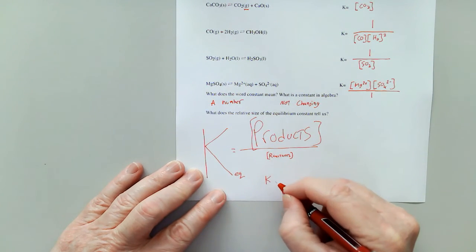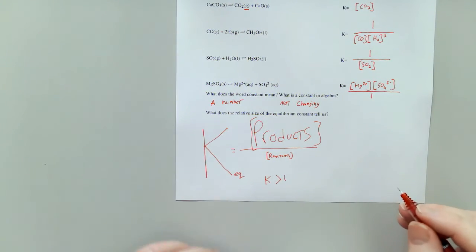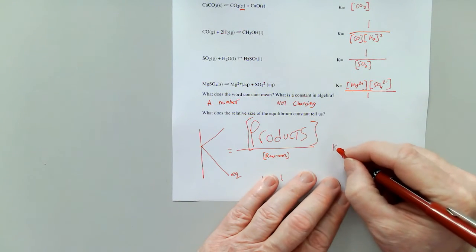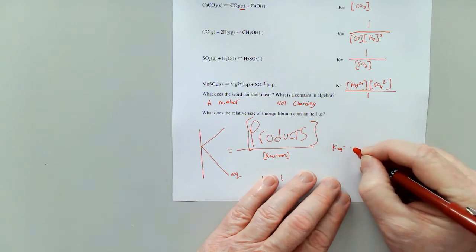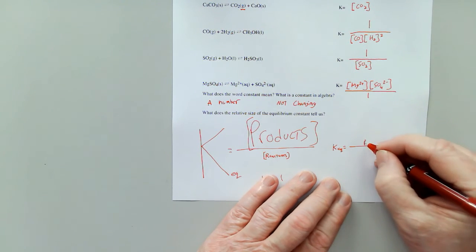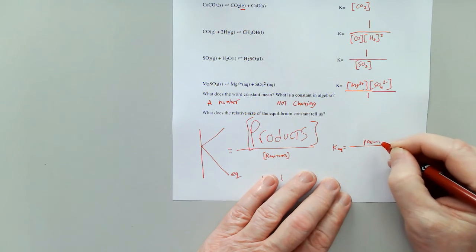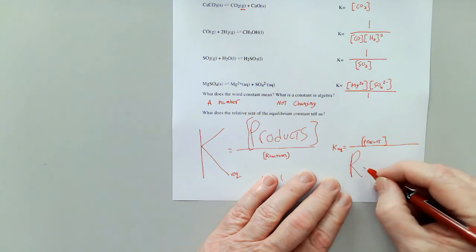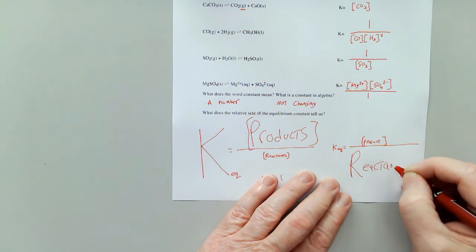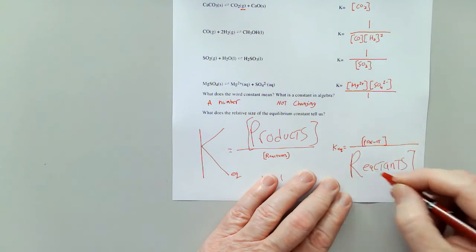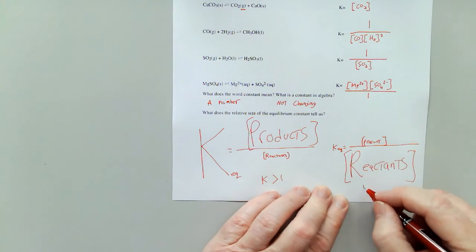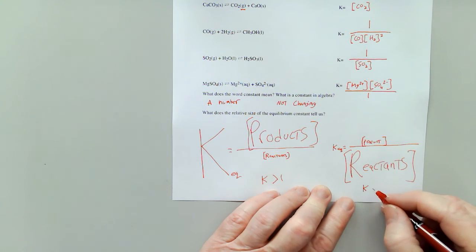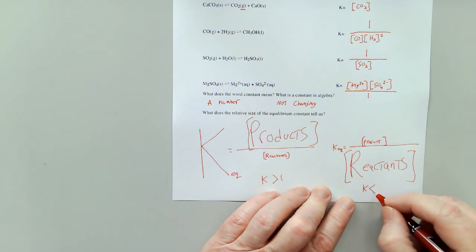And generally, I would say that's a K that's greater than 1. And if KEQ is a small number, it's because I don't have much product but I've got lots of reactants, and that would generally mean a K that is less than 1.